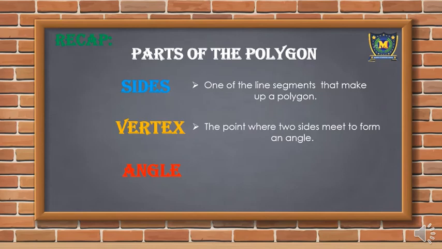Our keyword here is point where two sides met. And for the angle, it states here that it is formed by two adjacent sides inside the polygon. Our hint here is angle can be found inside the polygon. And these are the parts of the polygon.